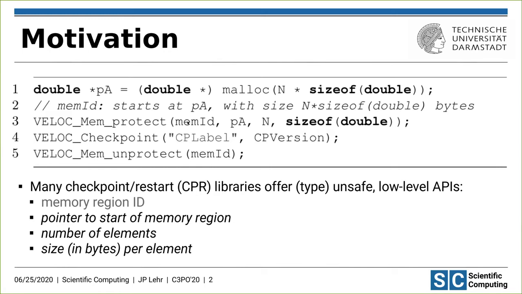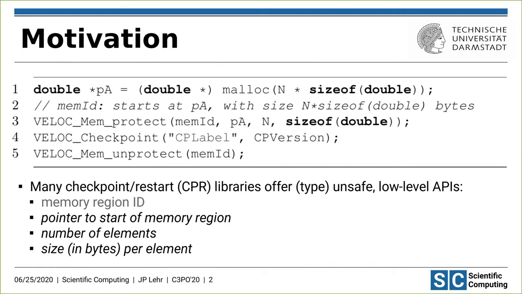So we're just choosing some ID for it, and then we're giving it a pointer to the memory region, and we have to specifically tell the library how many elements of which type or how large these base elements are, such that the library internally will just calculate the number of bytes it would need to store.